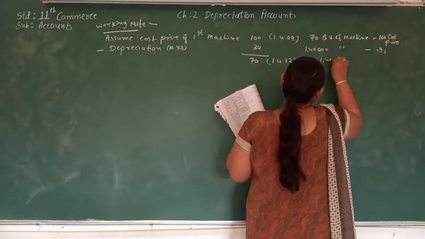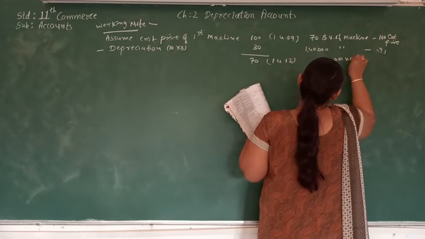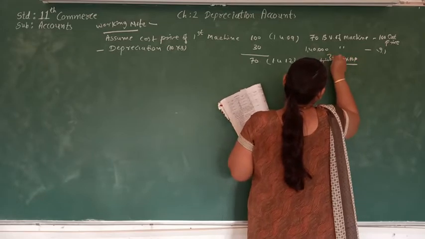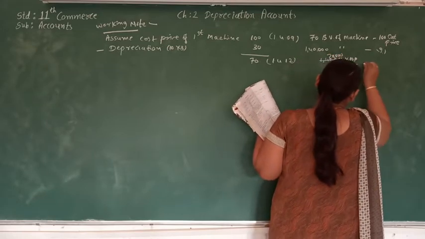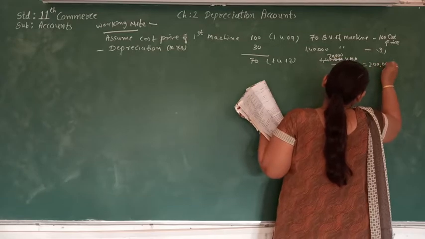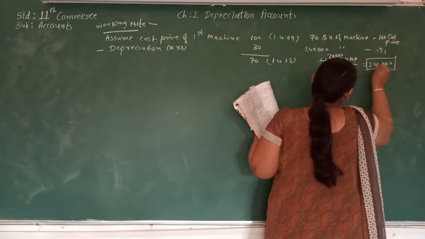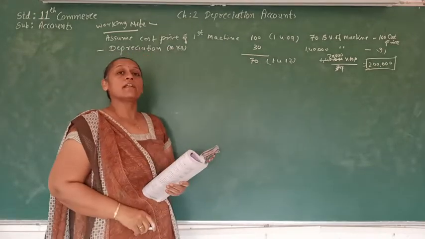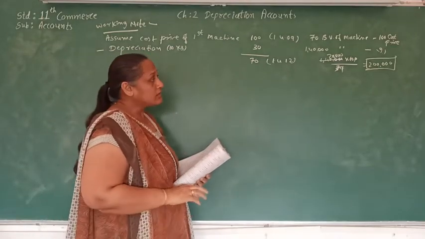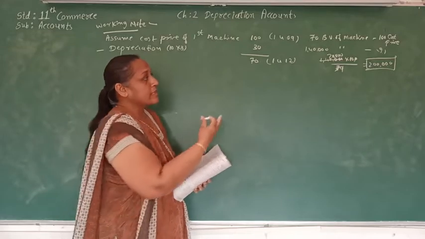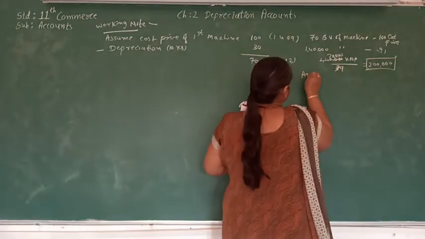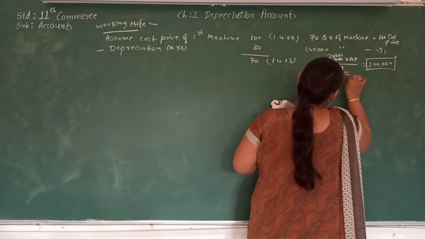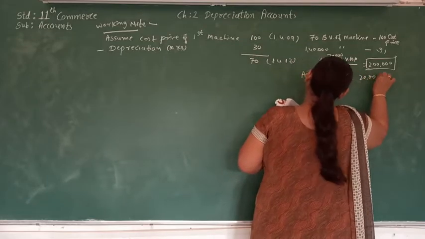For that, 1,40,000 into 100 upon 70. So this will be 2 lakh. So 2 lakh is the cost price of the machine, and as we know that we are calculating the depreciation at 10% straight line, the annual depreciation will be 20,000 at the rate of 10%.